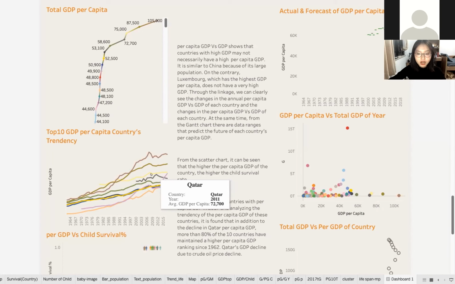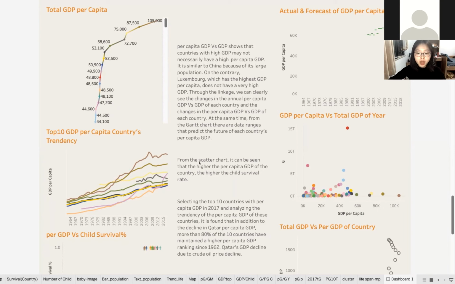From the line chart, we can see the ranking of the countries by per capita GDP in 2017. We select the top 10 countries to create a top 10 country set and analyze the trend of the per capita GDP of these countries. It is found that the per capita GDP declines due to the price reduction of crude oil.